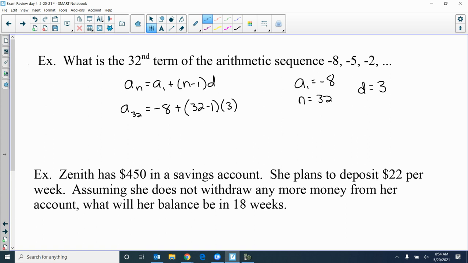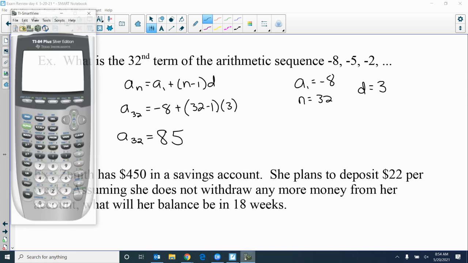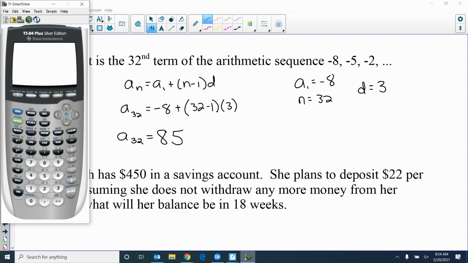Sam, you got anything? You got a big answer? Yeah, I got 85. What'd you get? How do we not know how to put this in a calculator? -8 plus 32 minus 1.